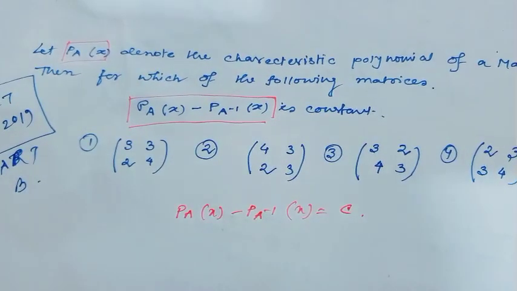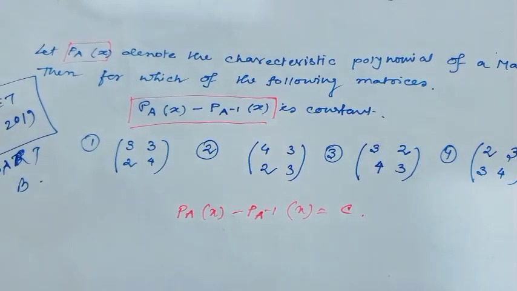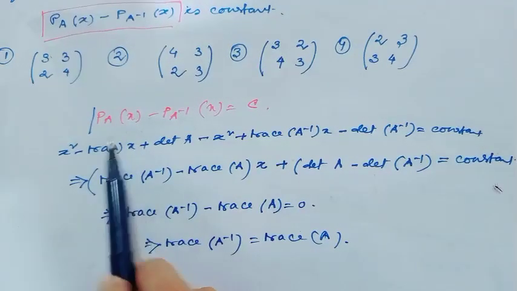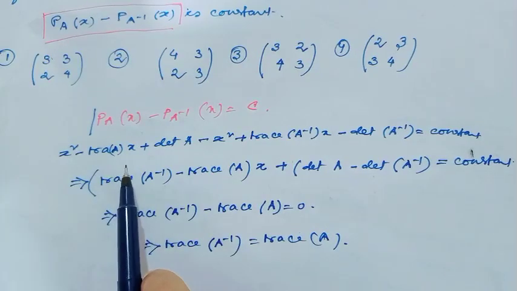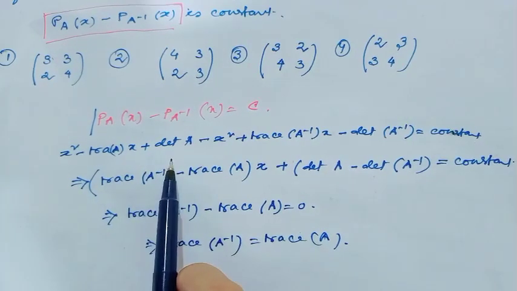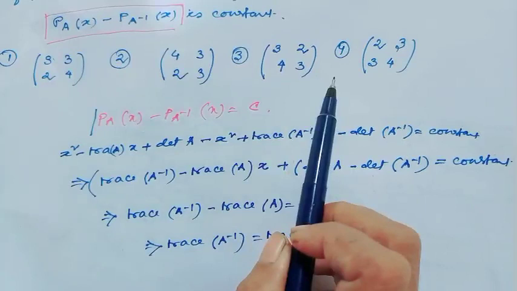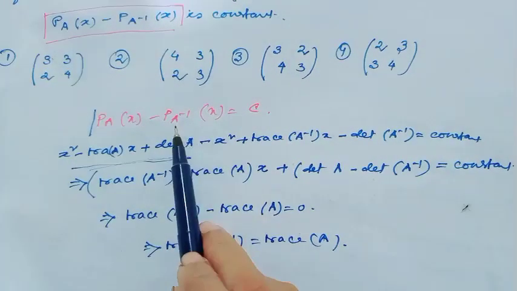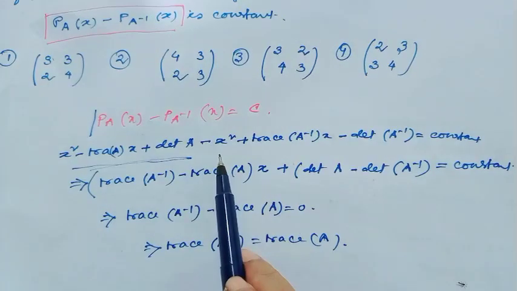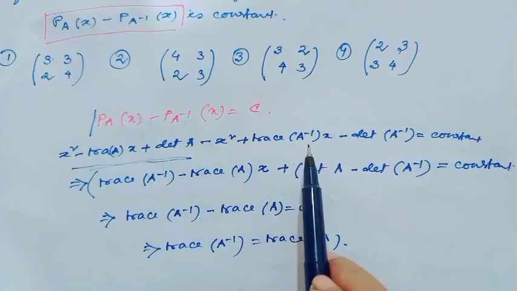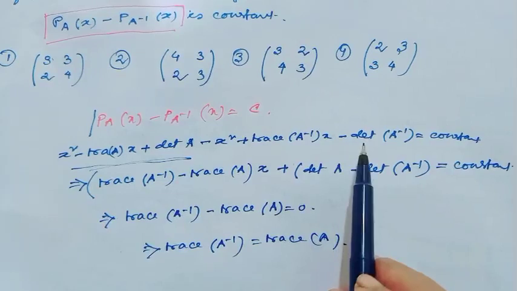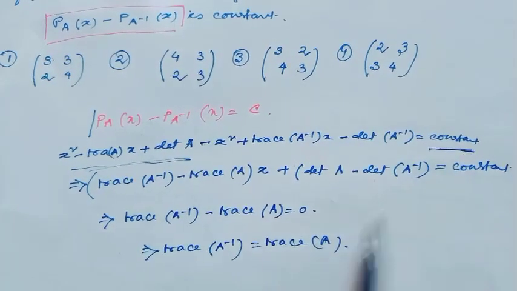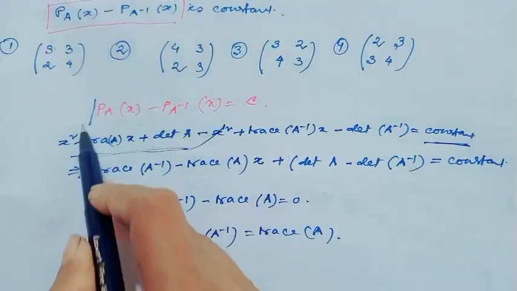We all know the characteristic polynomial is of this type. Obviously, the characteristic polynomial of A is x square minus trace of A times x plus determinant of A, since it is a 2 cross 2 matrix. And p_A inverse would be x square minus trace of A inverse times x plus determinant of A inverse, which is equal to c, meaning a constant.